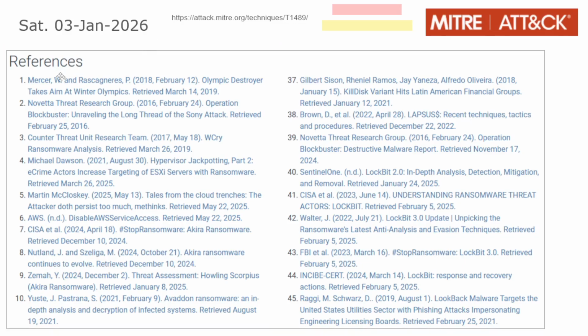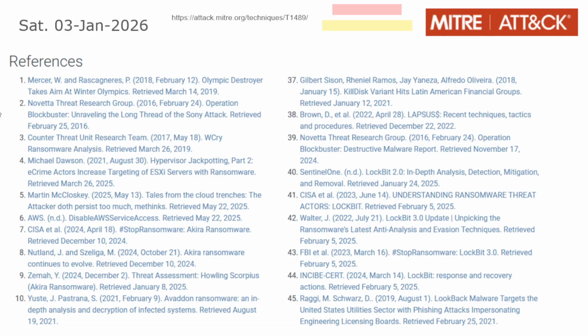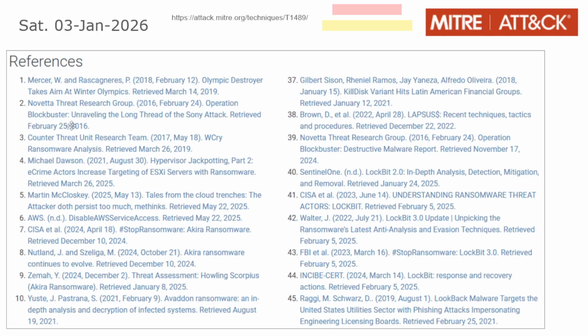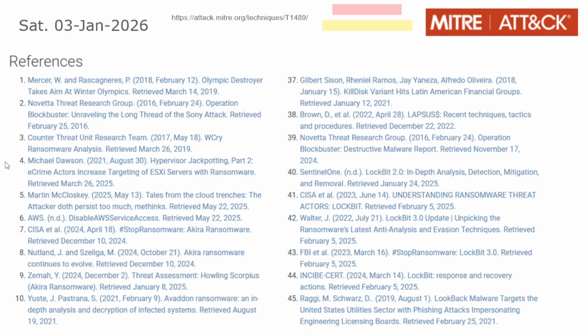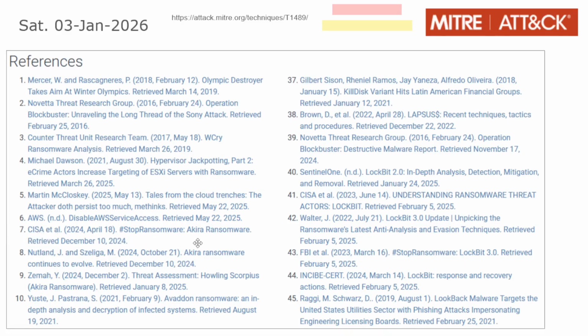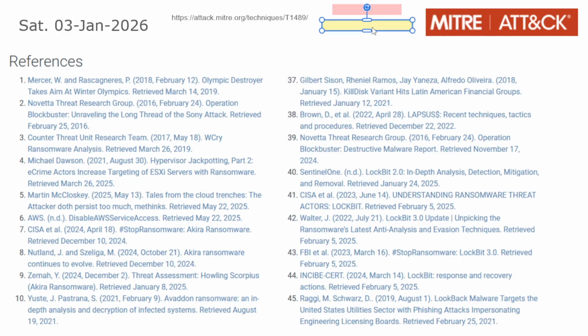So we have here Mercer, that name I've seen. Olympic Destroyer Takes Aim at Winter Olympics. Then we have Novetta Research Group, never heard of them. Michael Dawson, CISA again, StopRansomware: Akira Ransomware, retrieved. I like that. Since I faced Akira, I would like to read that paper.